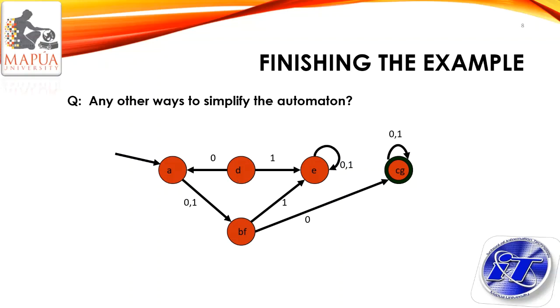If you remove D, there's no effect on the automaton since the initial state A cannot reach D. There's no path going to D. Since it doesn't interact with the flow of the whole automaton, we could remove D. This unreachable state can be removed to have a more simplified automaton.